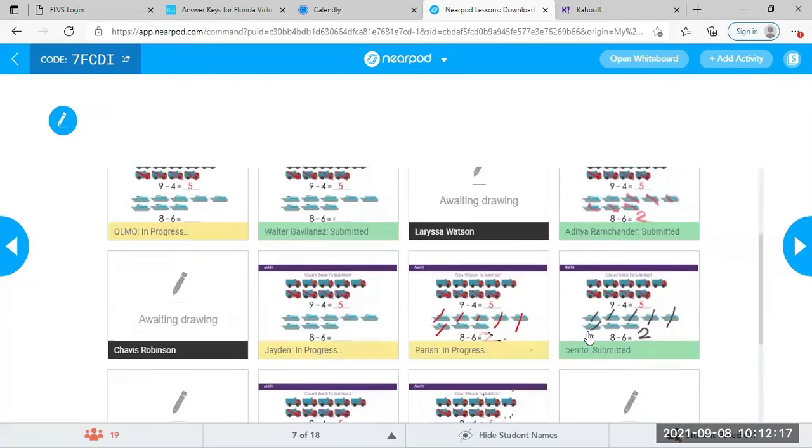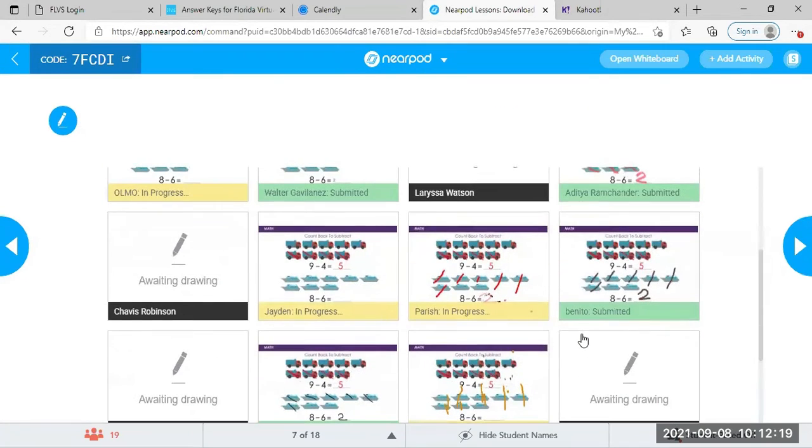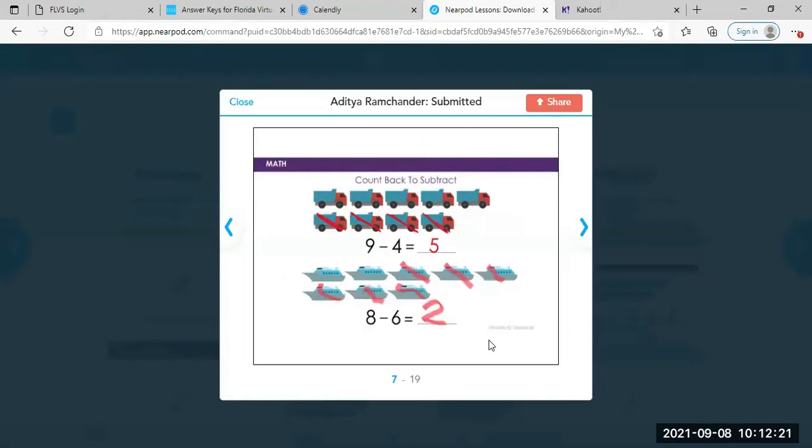All right, let's look at a couple. Let's look at Aditya's. Yes, excellent. It told you what to do. It said there are 8 boats and I need you to cross out 6 and then tell me what the difference is. Yes, and look at our answer here, 2 left. Wonderful.